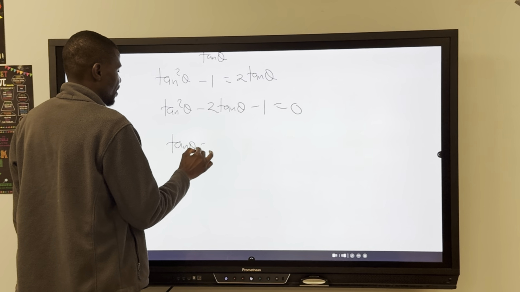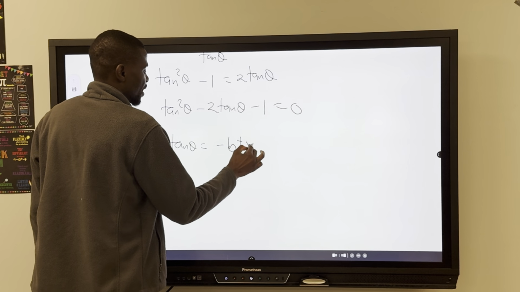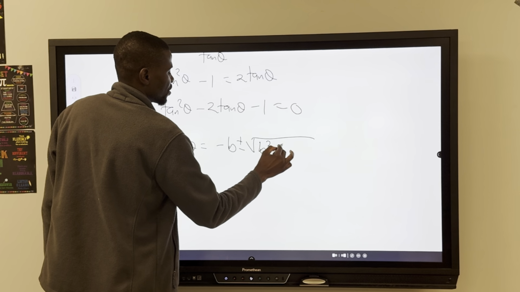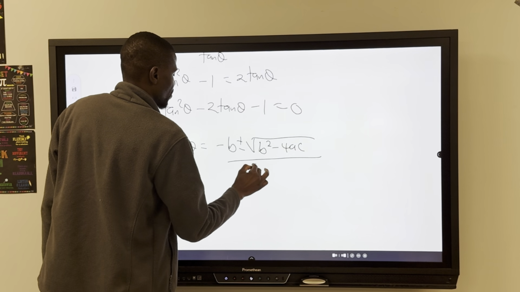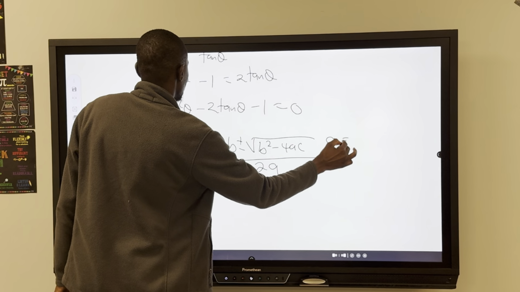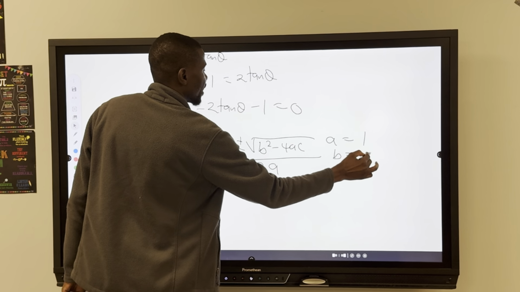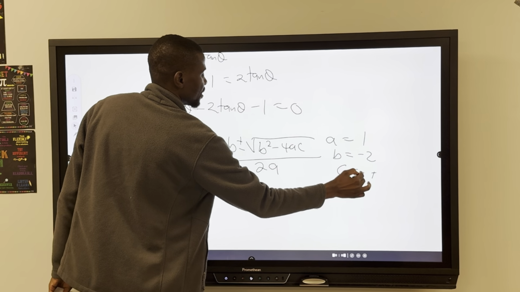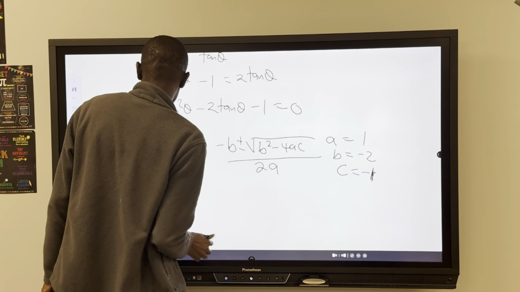So tan theta equal to minus b plus or minus the square root of b squared minus 4ac, all over 2a. So a is 1, b is negative 2, c is negative 1.